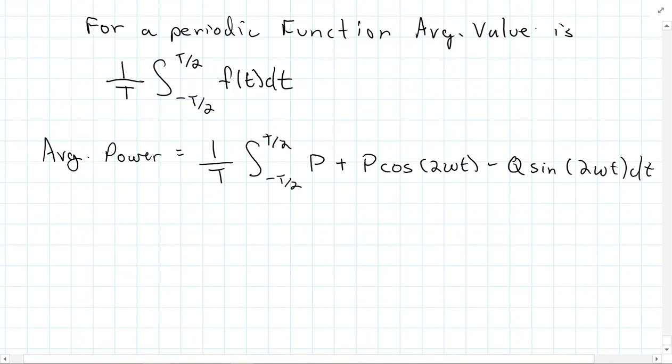First off, let's just split this apart. I'm going to look at 3 different integrals.